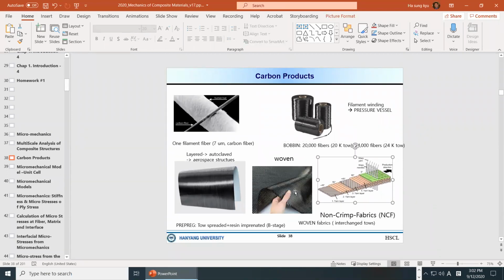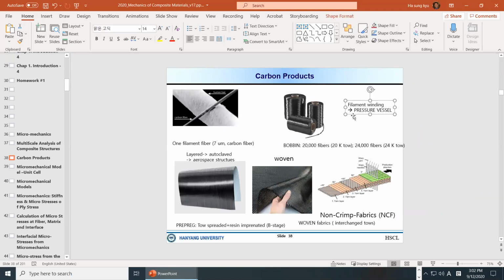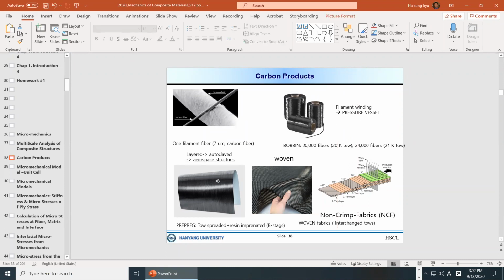So when we buy the composite and then make some part, we either buy the bobbins for filament winding, or this kind of pre-preg or woven or this kind of NCF. We need to understand this process.